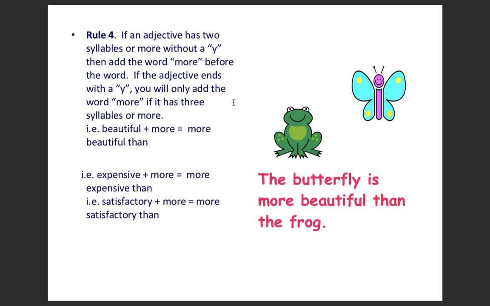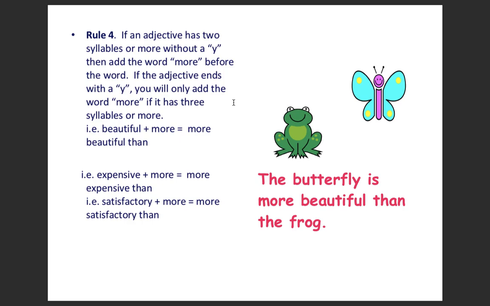For example, beautiful, expensive. These two words are adjectives with more than two syllables. Beautiful is a three-syllable word. Expensive is a three-syllable word. But these two adjectives do not have Y behind.